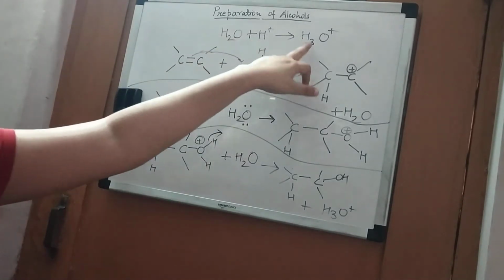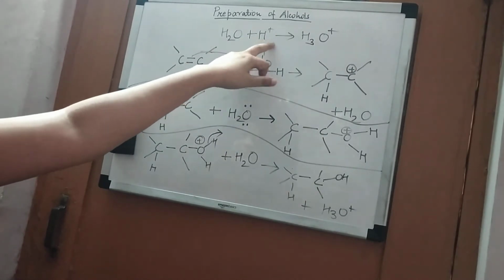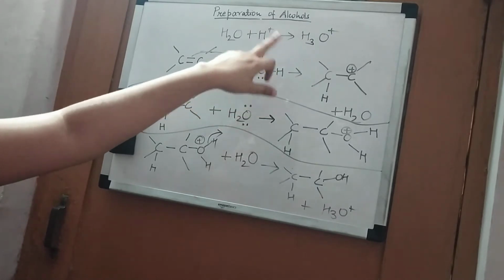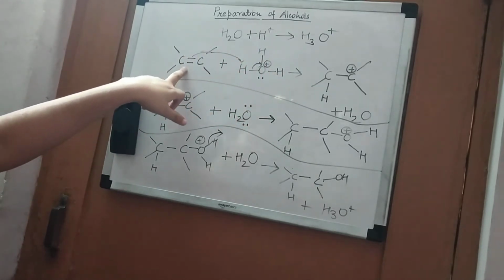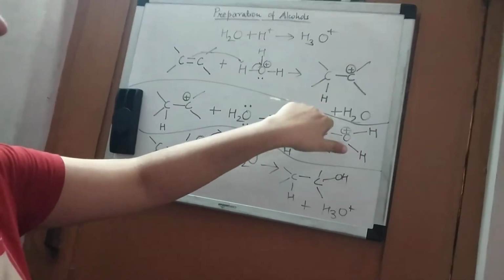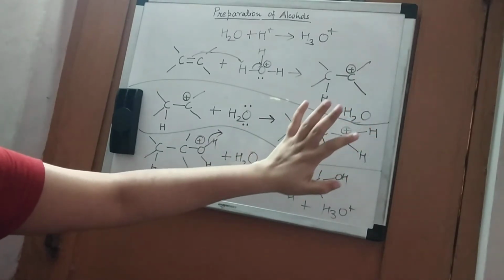The first step, H3O plus was generated by the reaction of H2O and H plus ion. In the second step, the H plus ion of the H3O plus attaches to the doubly bonded carbon atom, and carbocation is generated, and H2O is released as a byproduct.